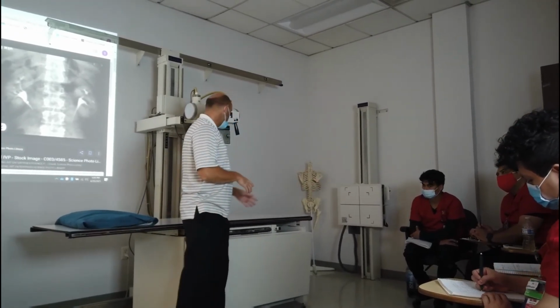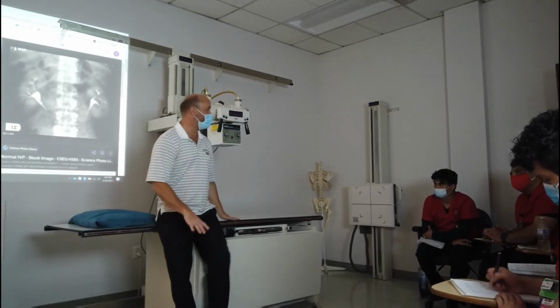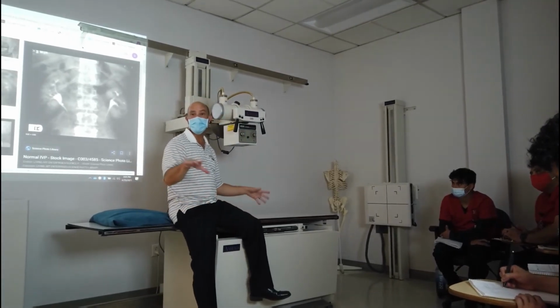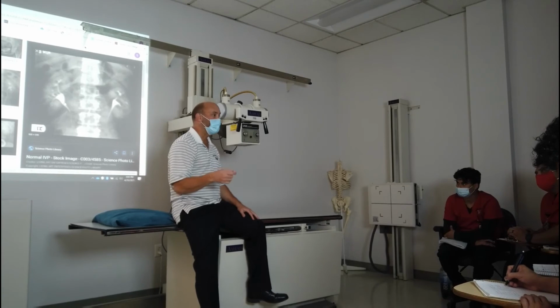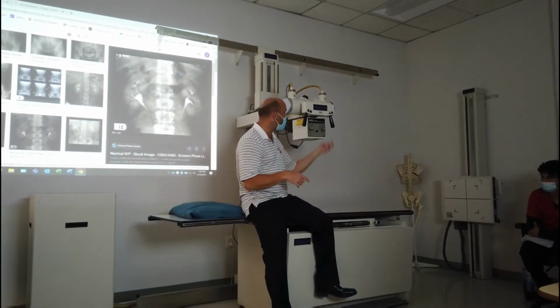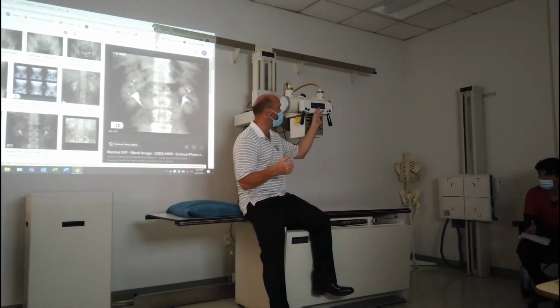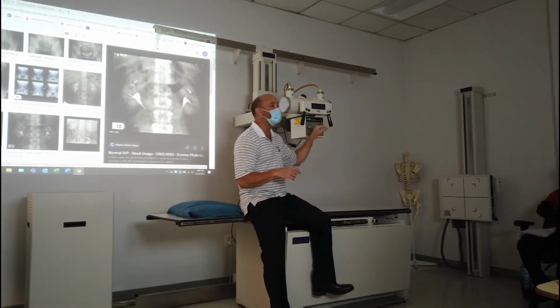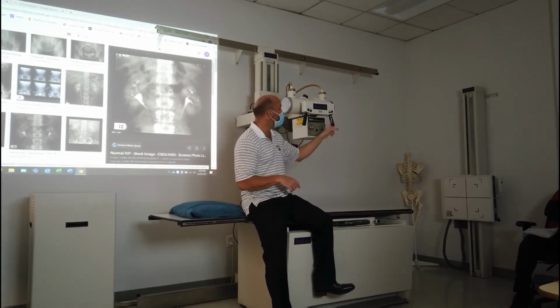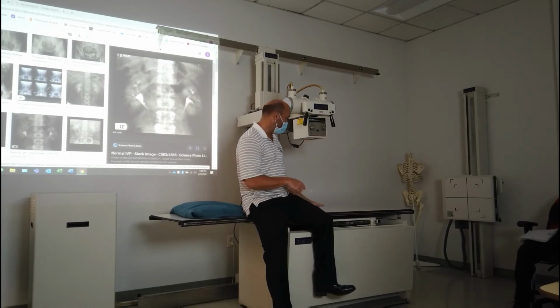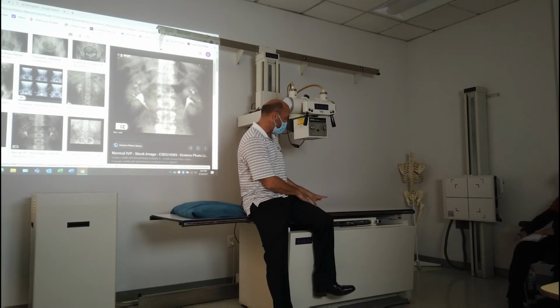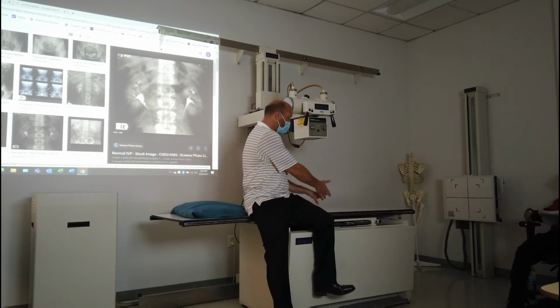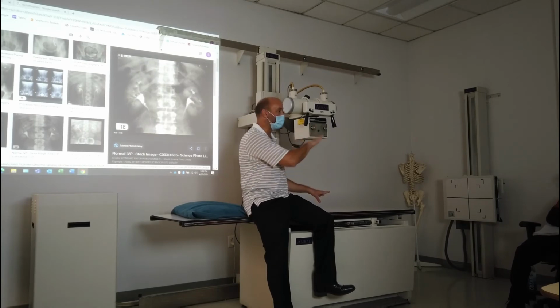So what's happening is you have this one area of interest that's nice and clear, in detail. We call it the fulcrum. You set the fulcrum on your control panel usually, sometimes with buttons on here. Let's say you want it 10 centimeters. You put this on 10, and it's taking 10 centimeters off the table, and the X-ray beam is constantly passing through that same area as it's moving.